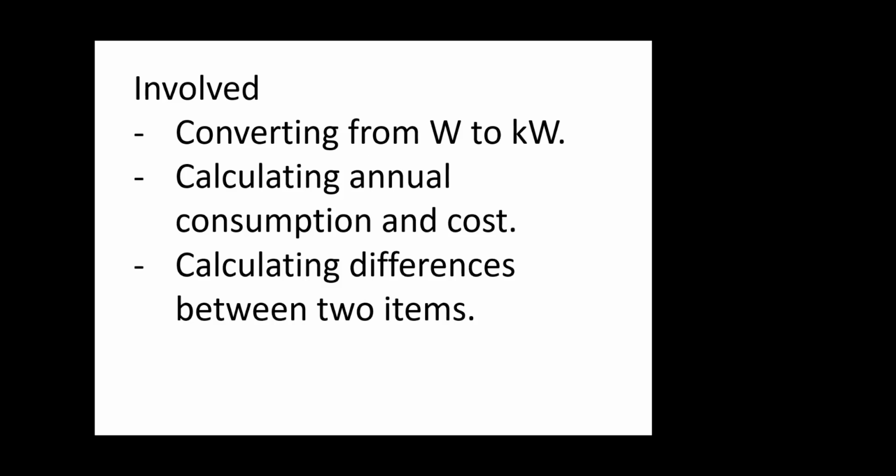Some of the things they needed to do, they needed to be able to convert from watts to kilowatts. They needed to calculate annual consumption for a TV and then also work out the cost of using the TV for that time, and then calculate some differences between two items.